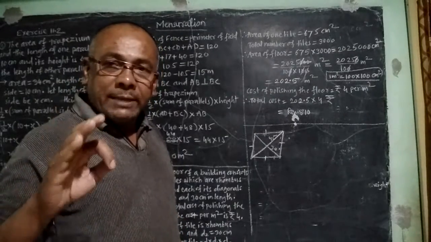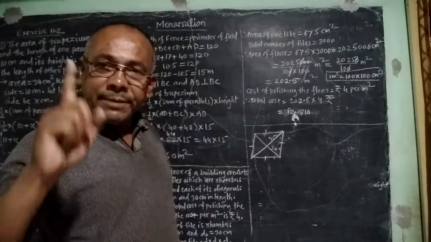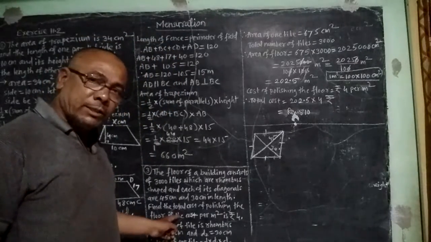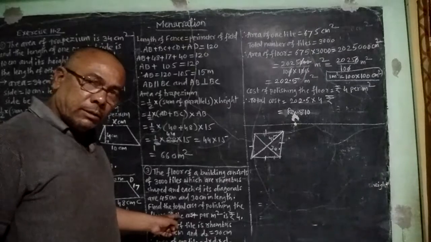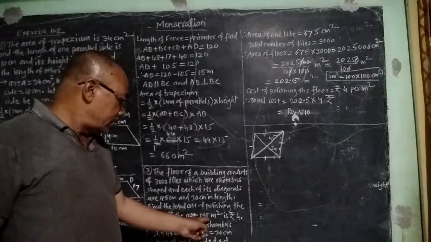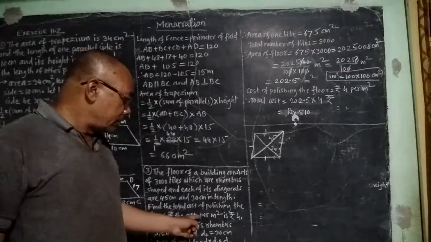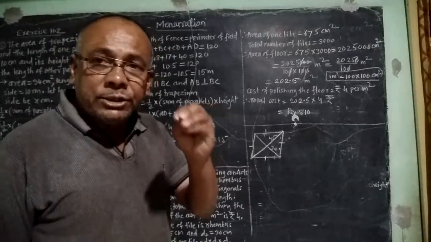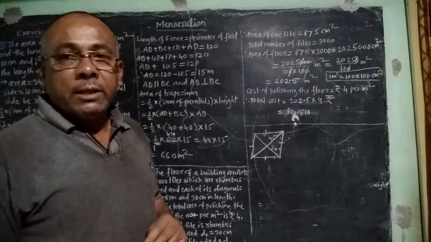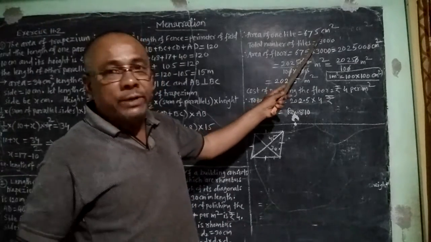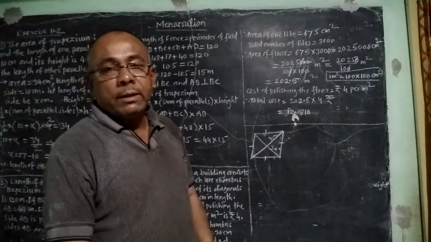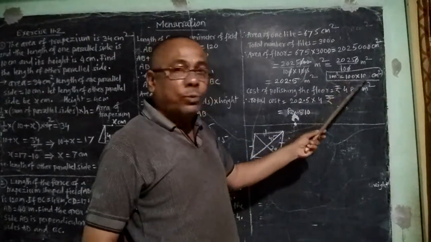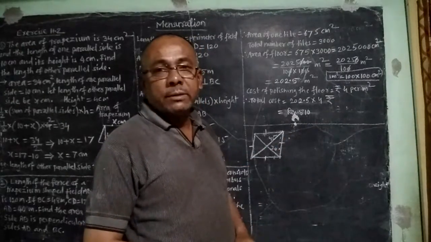Here our answer is in centimeter square, and the rate of polishing the floor is 4 rupees per meter square. Means we have to equalize the units, change centimeter square into meter square. Here we know that 1 meter square is equal to 100 into 100 centimeter square.